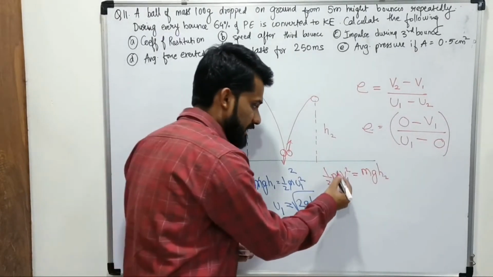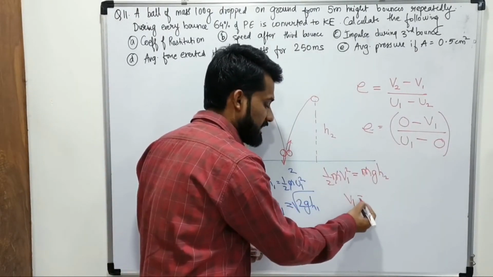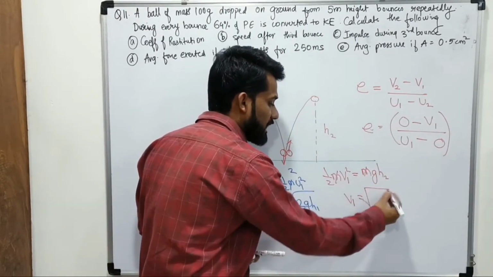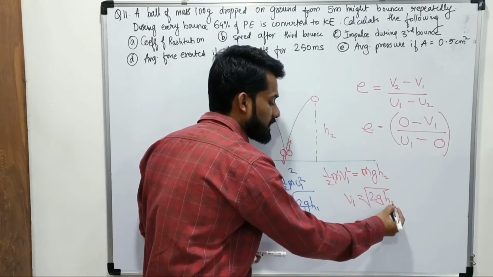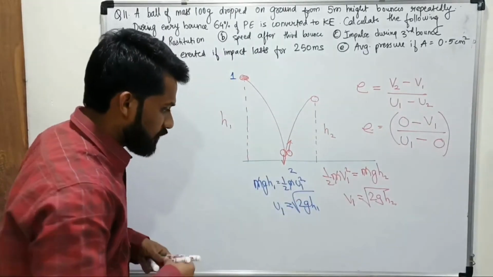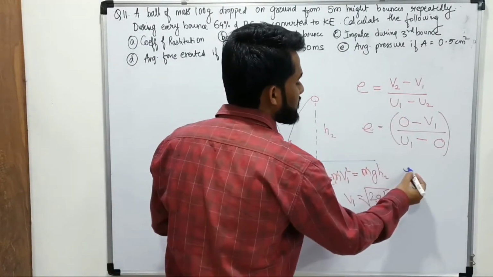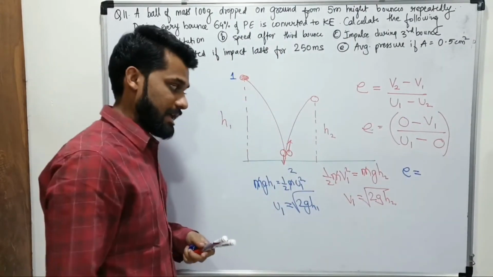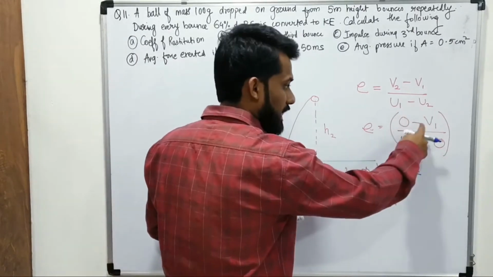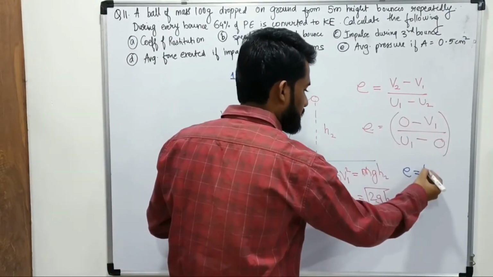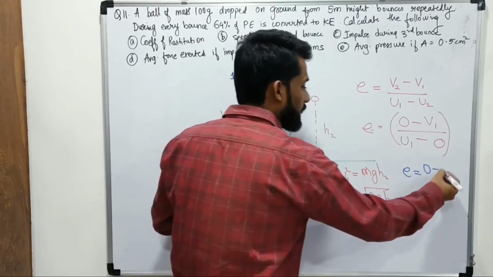Solving this, m will cancel, and v1, the velocity after collision, can be calculated as square root of 2gh2. So velocity before collision, velocity after collision. If I put over here, I'll get the coefficient of restitution of the ball as 0 minus v1, over 0 minus, what is v1?